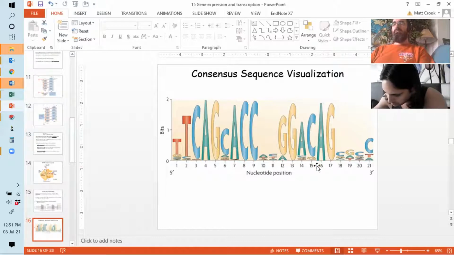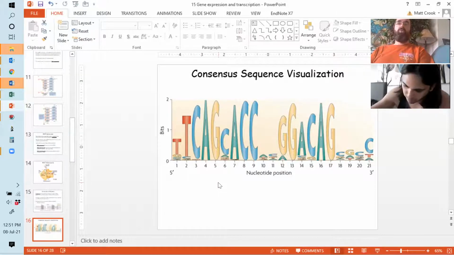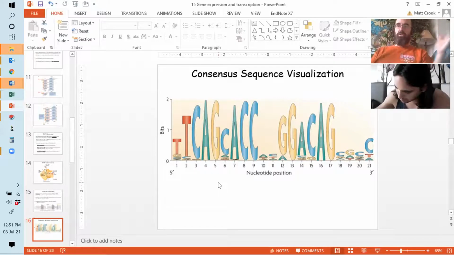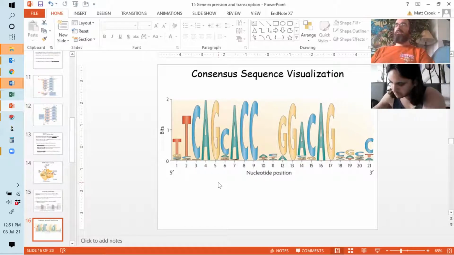So these bases where there's only a single base or one very common base are going to be very important in whatever function that sequence is responsible for. And so that's what we mean by a consensus sequence.